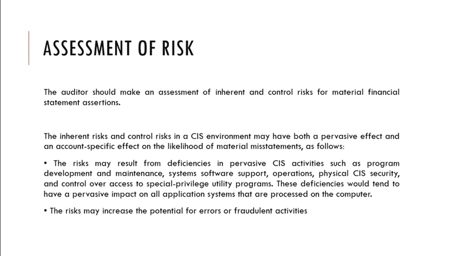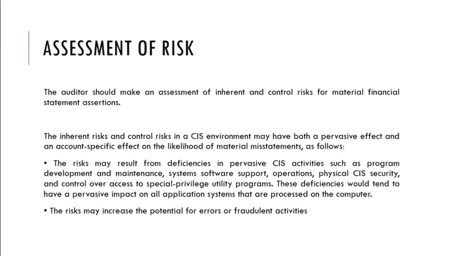So the risks that may result from deficiencies in pervasive CIS activities such as program development and maintenance. When we say program development and maintenance, you cannot just choose which computer to maintain. This is pervasive because when you do system maintenance, you do it on the entirety of the computer system, the network of computers, not just specific to one.